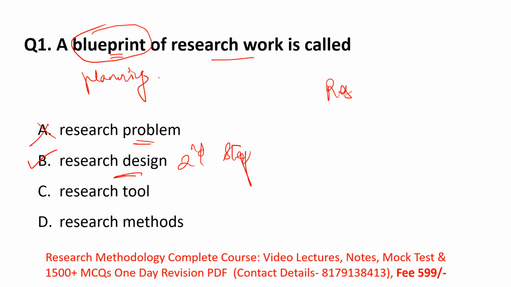Then option C here is research tool. What is a research tool? A research tool is a device or instrument which is used to collect data. For example, you can collect data through surveys, interviews, and observations.